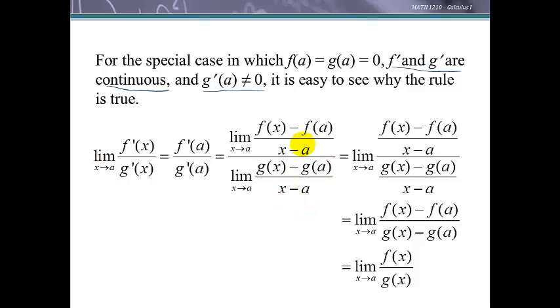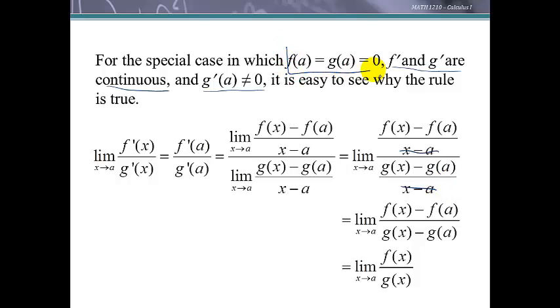Now we're going to use limit laws. We often have it in the other direction. We have the limit of a quotient equals the quotient of the limits. Well, we've got the quotient of the limits here, so we can say it equals the limit of the quotient. We can combine them under this one limit. Now if we multiplied numerator and denominator by x minus a, these would cancel.